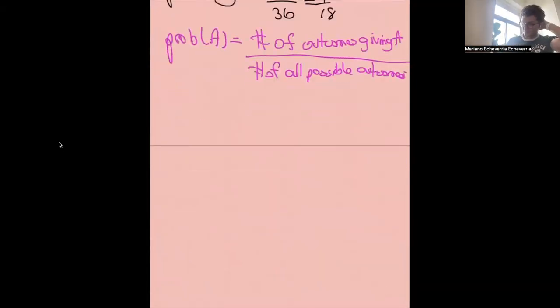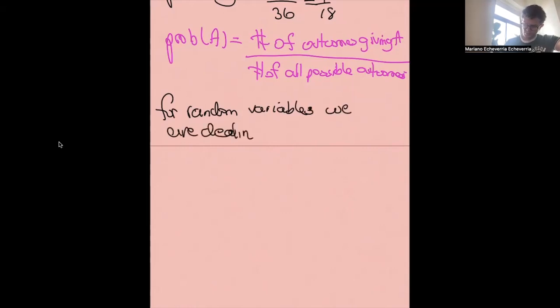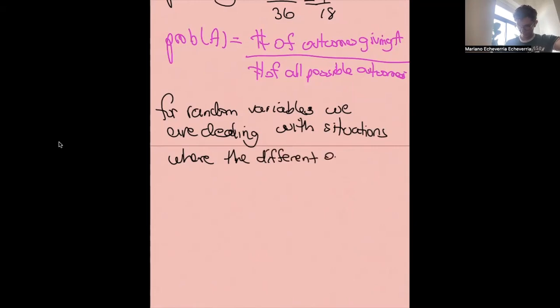So for random variables, we're dealing with many situations where the outcomes are not equally likely.